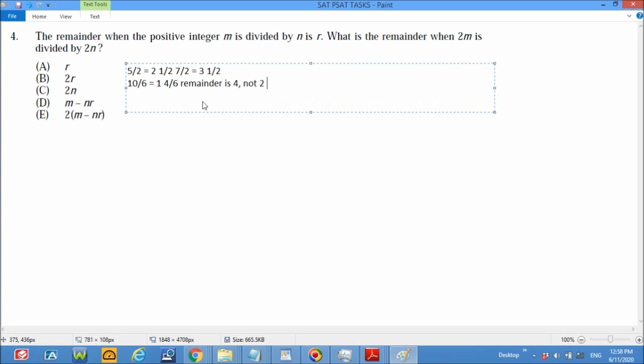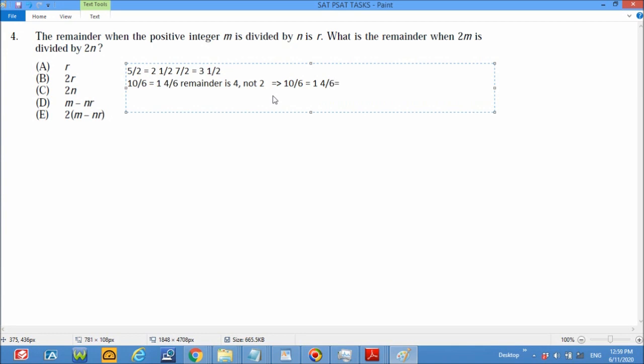But here I explain why the remainder is 4, not 2, because you can tell me, okay, 10 divided by 6 equals 1 and 4 sixths.